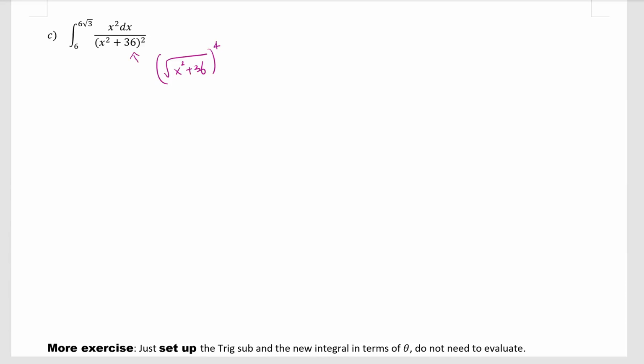So x squared plus 36. Our setup: x is 6 tangent theta, right? And who's the family member of tangent? That's secant theta, right?